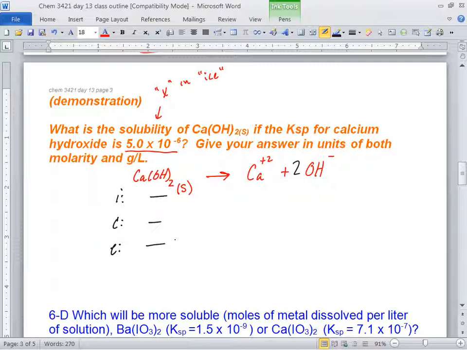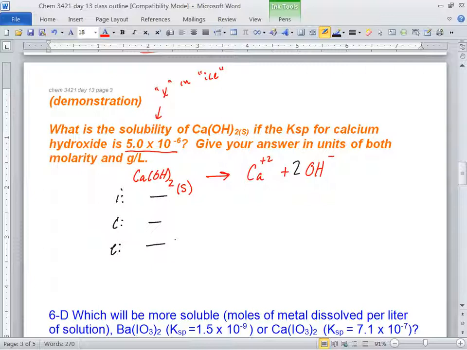Okay. The initial row. So you have to ask yourself, Danielle, do we have any calcium ions or hydroxide ions there initially? Right now, for you to say yes, it had to say something up here, that there was some there.